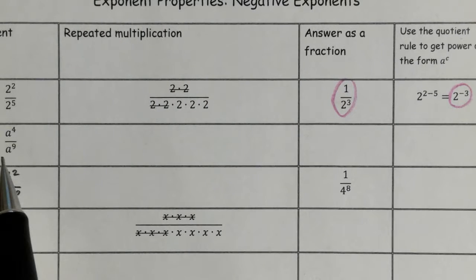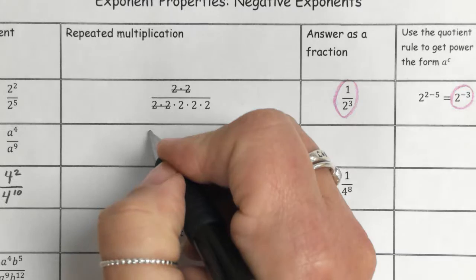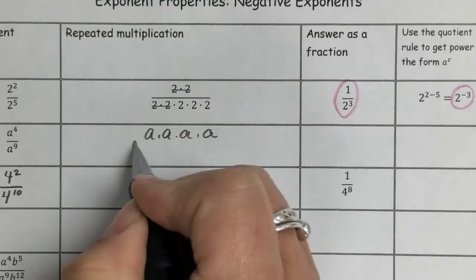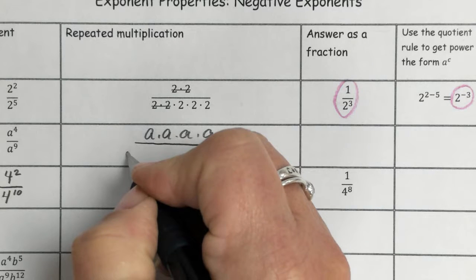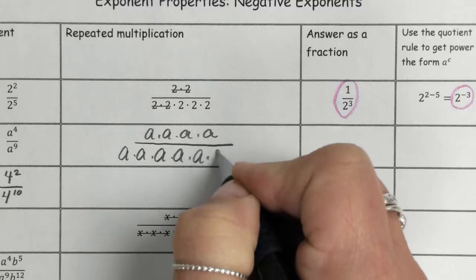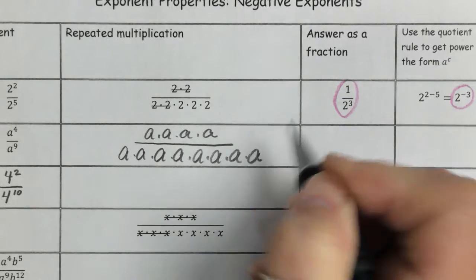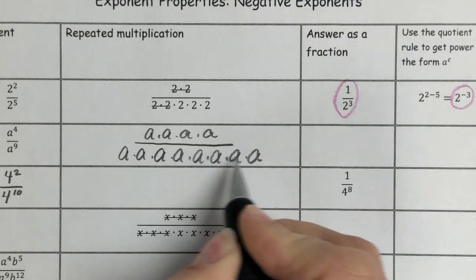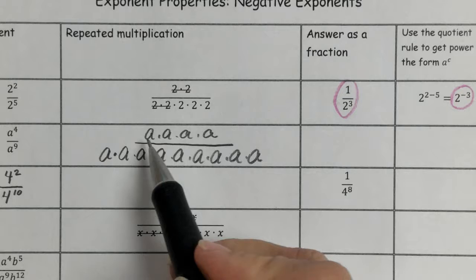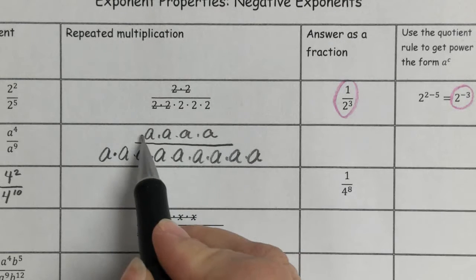If we look at the next quotient, I've got a to the 4th power in the numerator and a to the 9th power in the denominator. So again, every time I have a divided by a, I'm going to cancel that out.